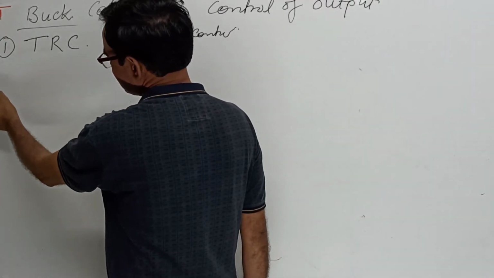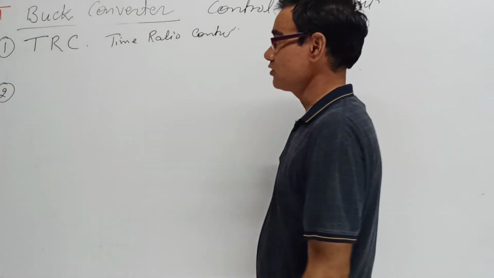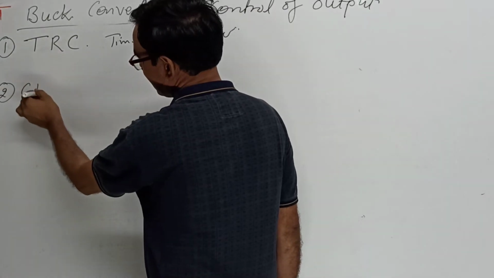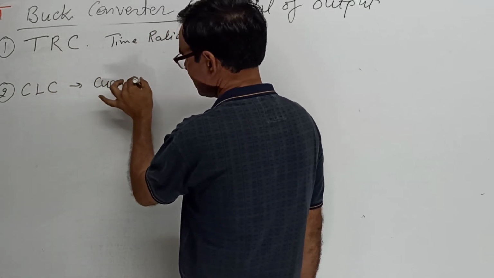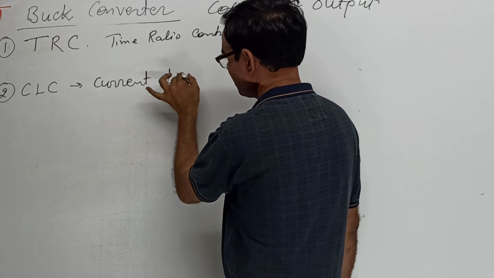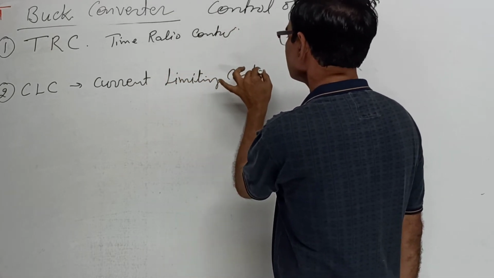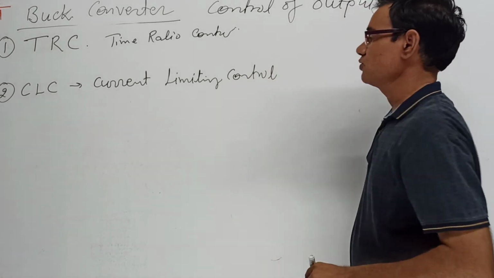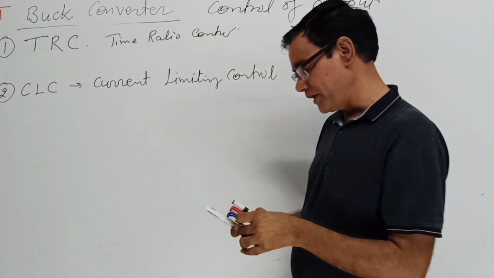And second is current limiting control. Time ratio control is further bifurcated into two parts.